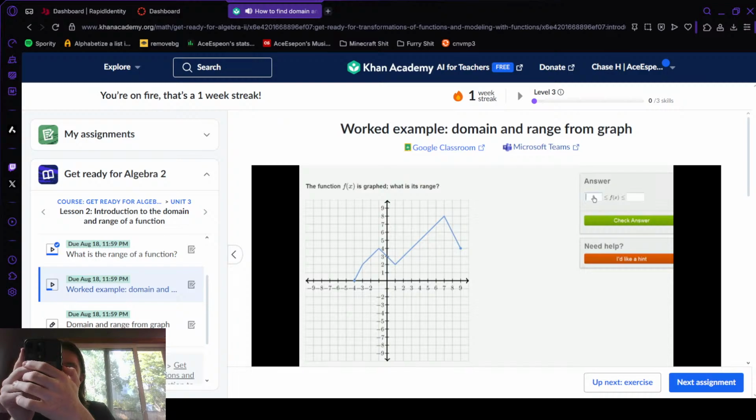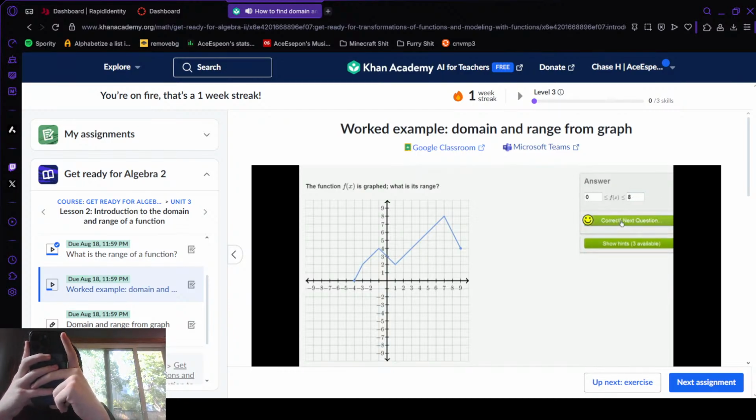So 0 is less than or equal to f of x. It does equal 0 right over here. f of -4 is 0. And then the highest value that f of x obtains in this function definition is 8. f of 7 is 8. It never gets above 8, but it does equal 8 right over here when x is equal to 7. So 0 is less than or equal to f of x, which is less than or equal to 8. So that's its range. Let's do a few more.